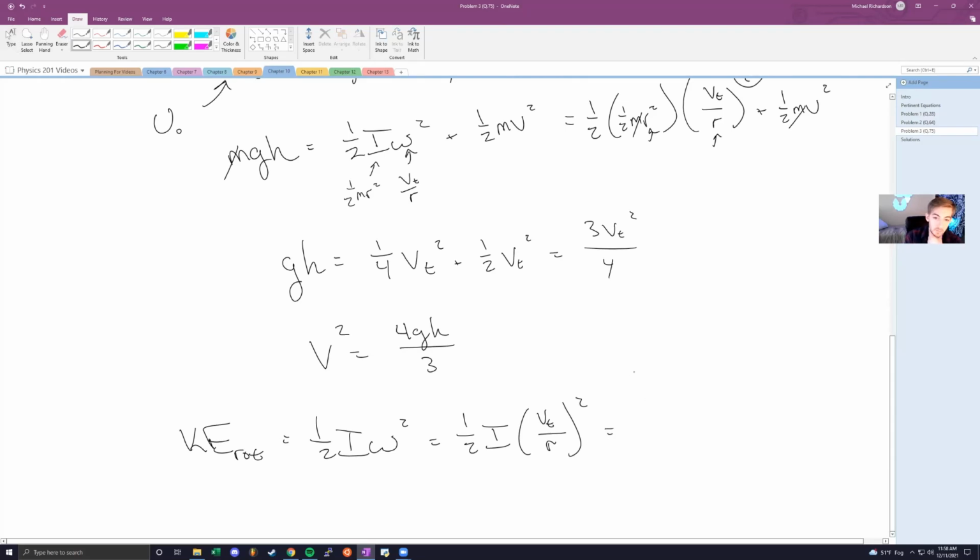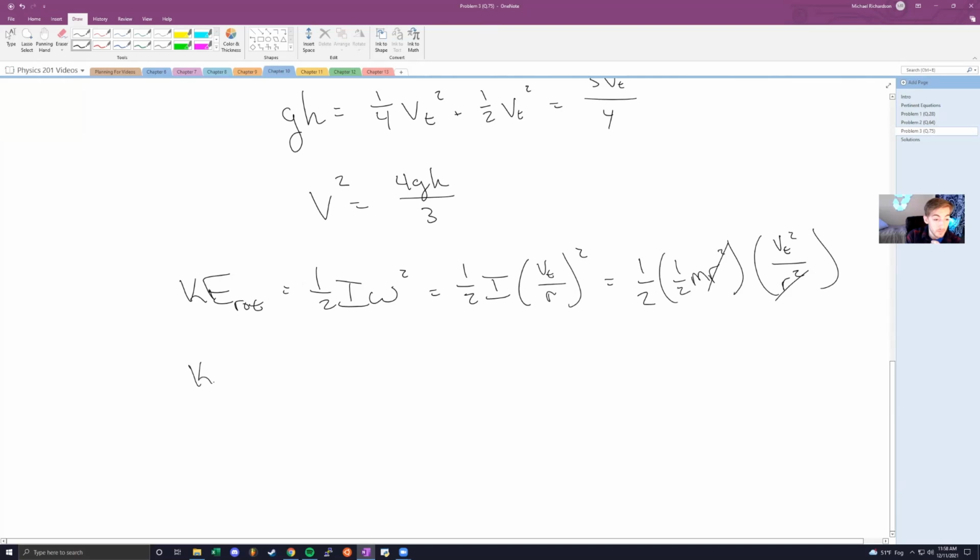So again, going off this and knowing that our moment of inertia is that of a disk right now, we get 1/2 times 1/2 mr squared, and then our tangential velocity squared divided by r squared. Well, these r squareds cancel.